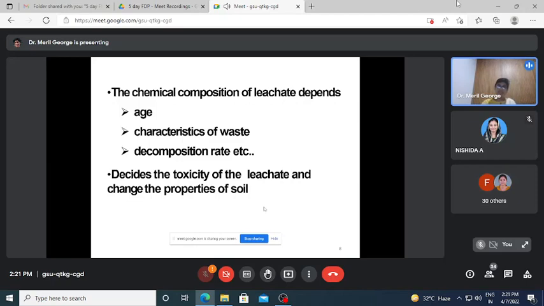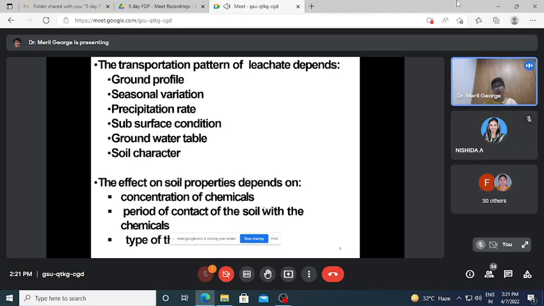So when this leachate migrates through the surrounding soil, the chemicals present in it are liable to change the soil properties also. So that was about the composition of leachate. Next is the transportation pattern. I have already mentioned that to determine the contaminant zone, we must analyze the transportation pattern of leachate through that particular area.